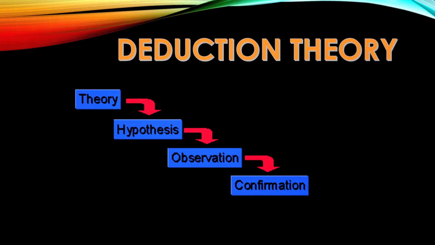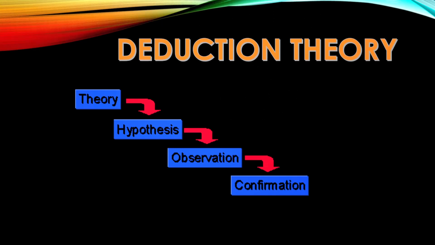Deduction theory is just the opposite of the induction theory. We can say it is somewhat opposite. Look here. First of all, we are developing a theory or checking a theory. There is an existing theory. After that, we are testing it with the hypothesis and making the observations, and we are concluding that, or we are making confirmation about that.